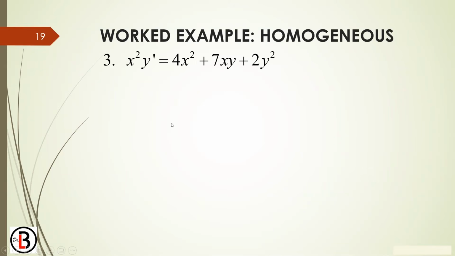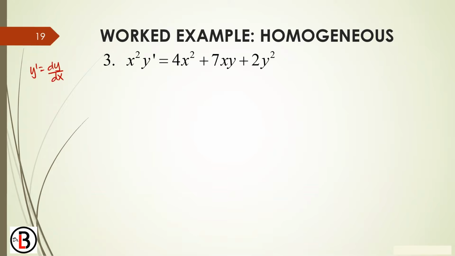This one, the y prime there stands for dy over dx. So it's up to you to multiply the dx to all of them. So the left side will just be x squared dy. The right side will contain a dx. Question, is number 3 homogeneous? Yes po, sir. Of what degree? Second degree.